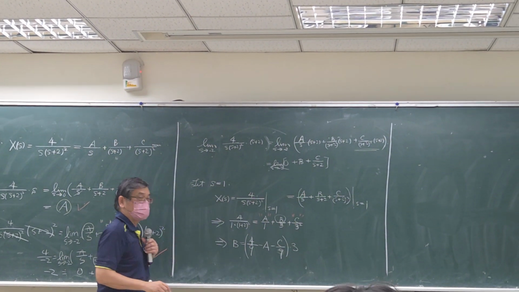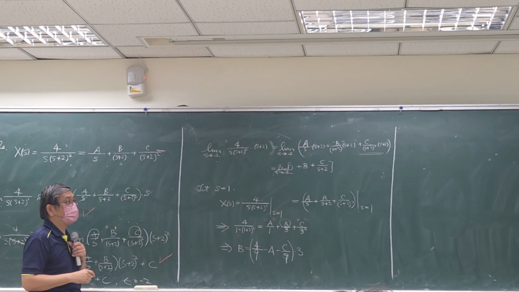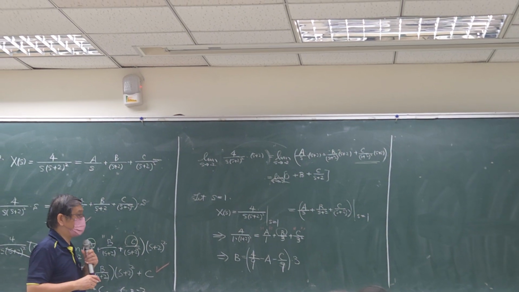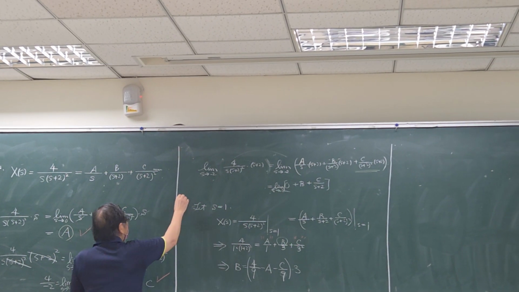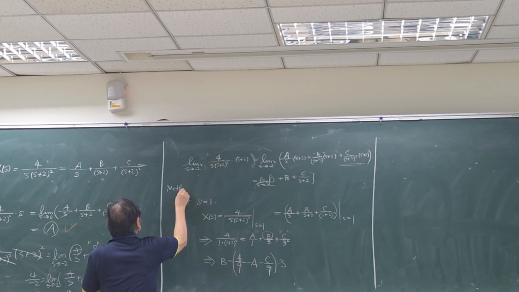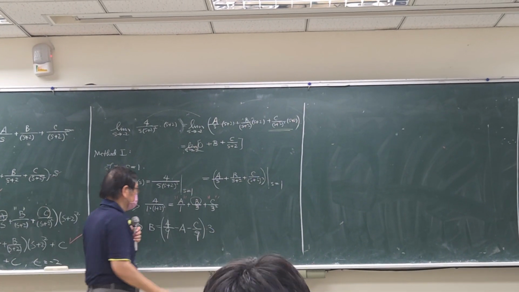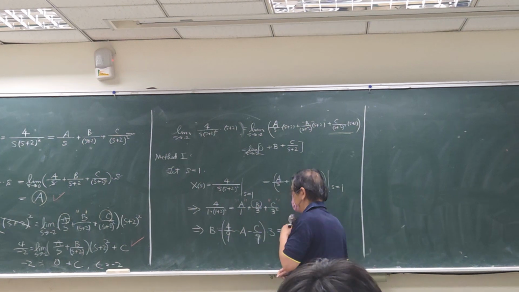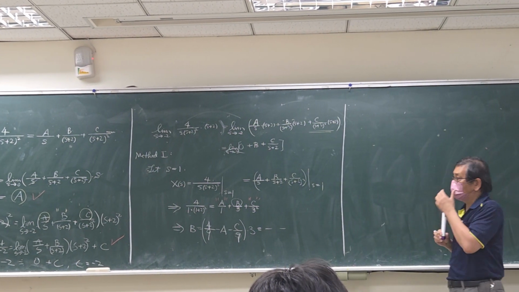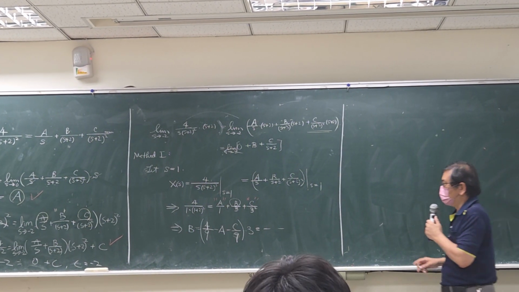That's one way to do that. That's fine. This is method number 1. So this equals whatever the number is, no big deal, right? But there's another method.